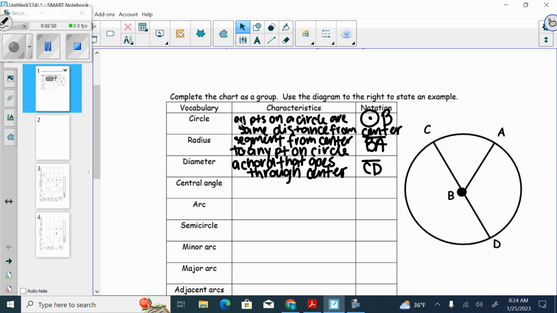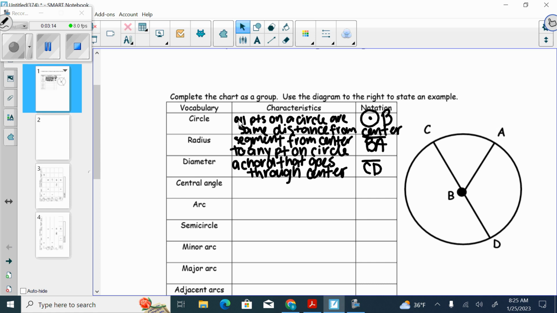Okay. Then we have central angles. We talked about central angles yesterday. What did we say a central angle was? Yes, it is going to be between two lines, and it has to not just be going towards the center, it has to be the center.